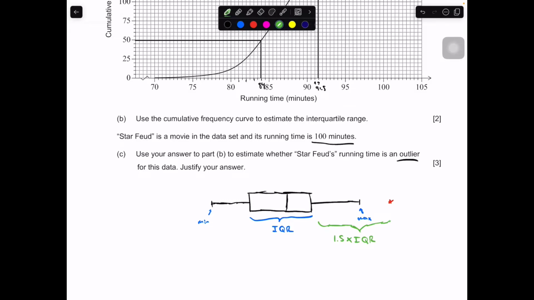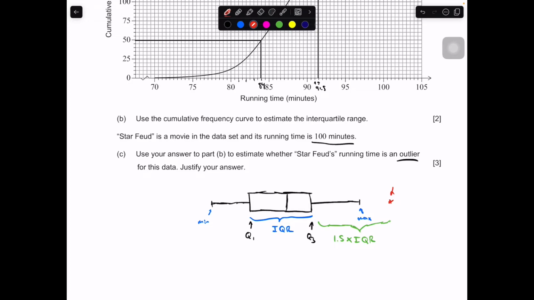And if it's beyond that, if it's beyond 1.5 times IQR above Q3, or if it's 1.5 times IQR below Q1, then it's considered an outlier and it doesn't reach to this extreme point.